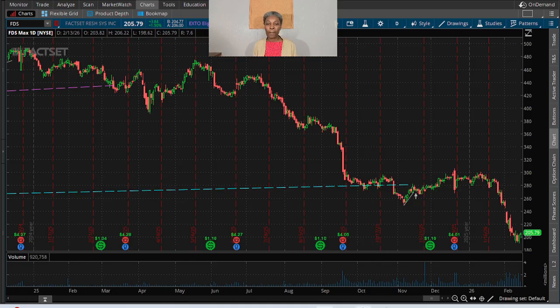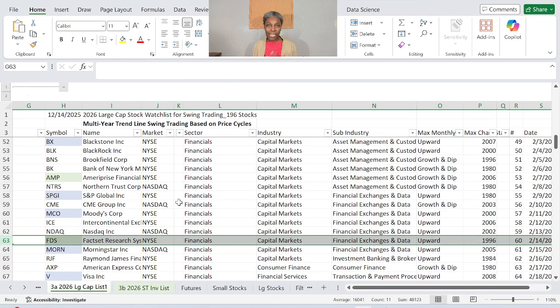Over time I can have a watch list of those stocks and keep buying them, keep selling them, and keep buying them again, and just work from that list of stocks.